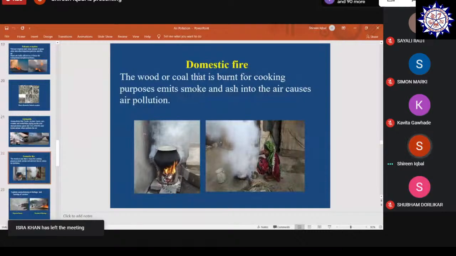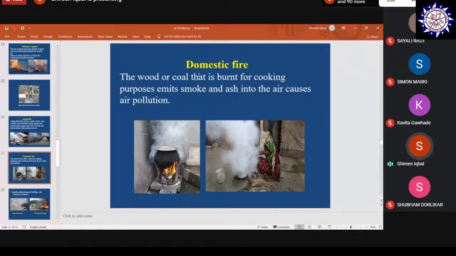Then the domestic fire. अब डोमेस्टिक फायर यानी घर में कोई आग नहीं लगी है. It is not like that. Here the domestic fire, it is today also in remote areas or in villages.